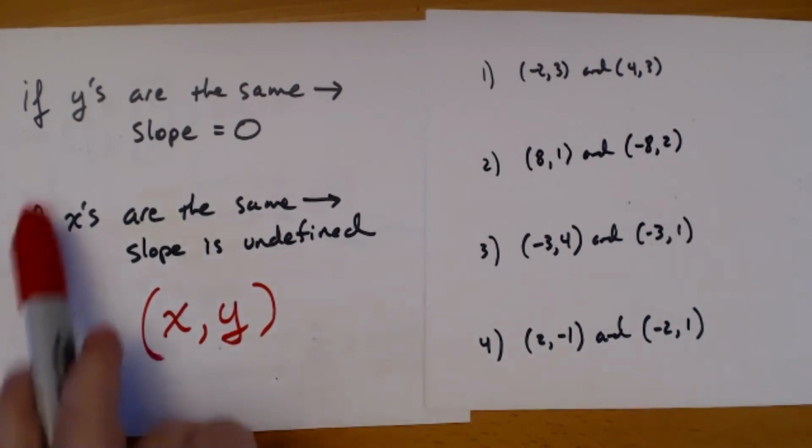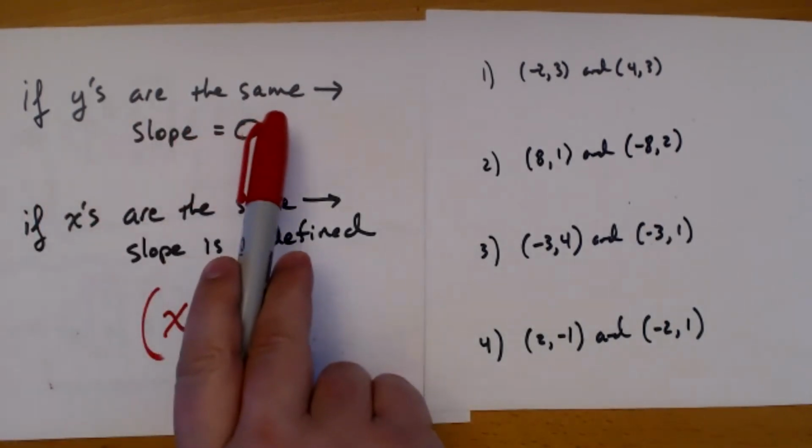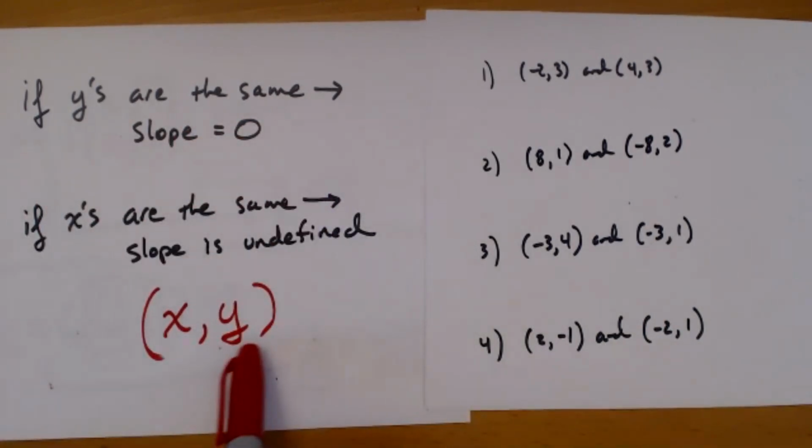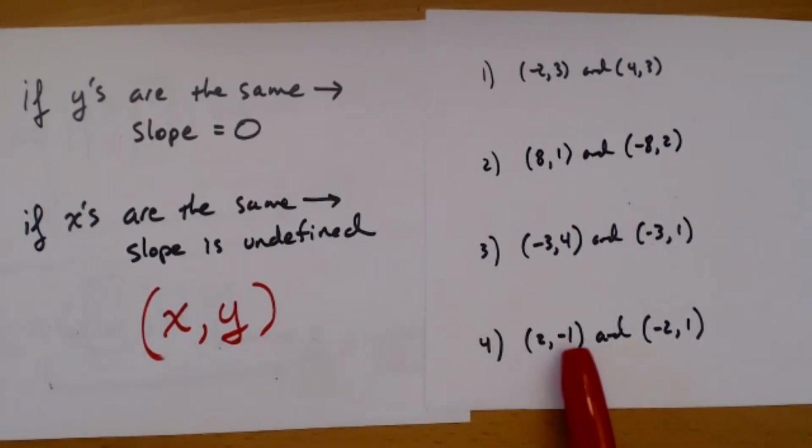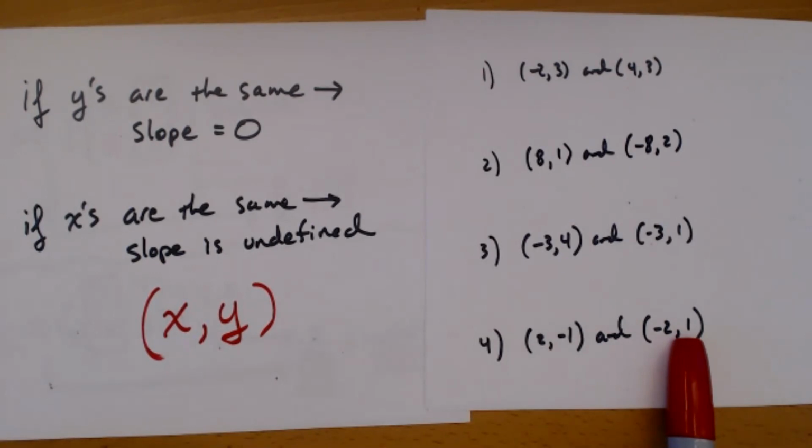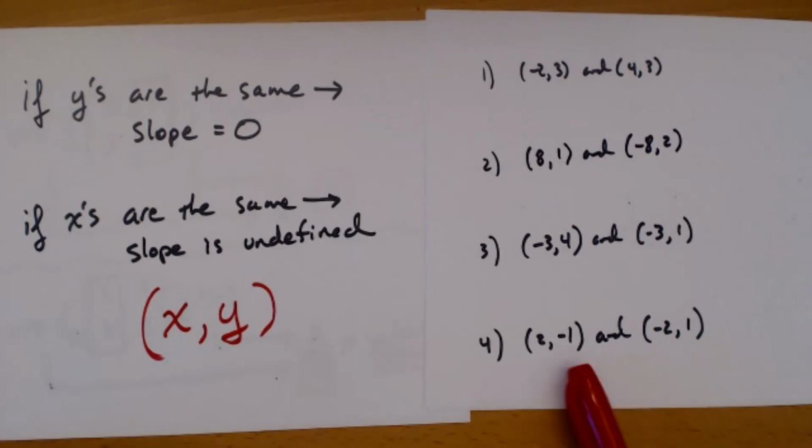So let's look. Who has y's that are the same? So I'm looking for the second numbers. Are these the same? 1 and -1? -1 and 1? Is this a 0 slope, guys?